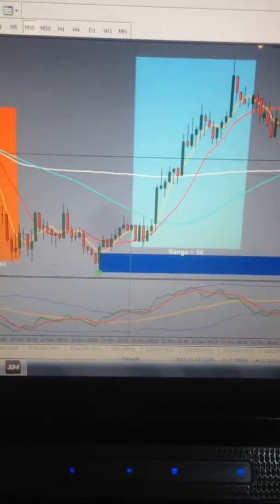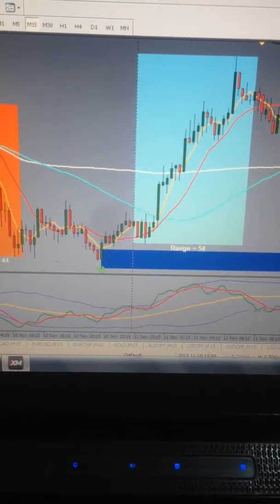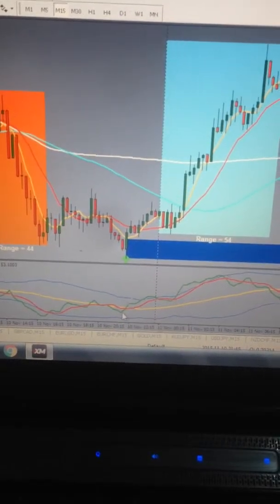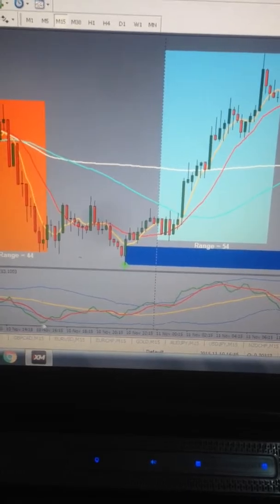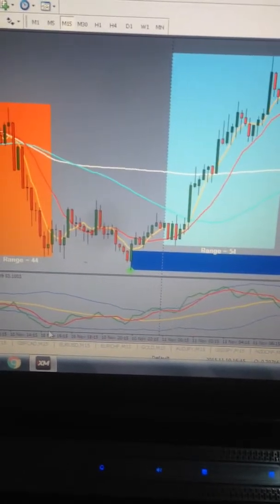Well, you can see the second leg here was inside the volatility band. This was the first leg, telling me that it's a divergence.